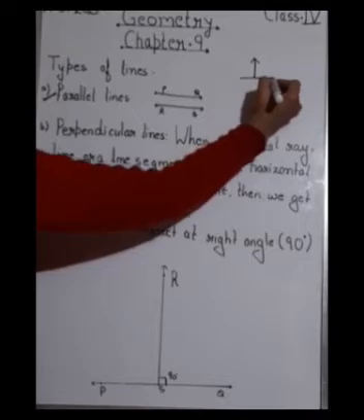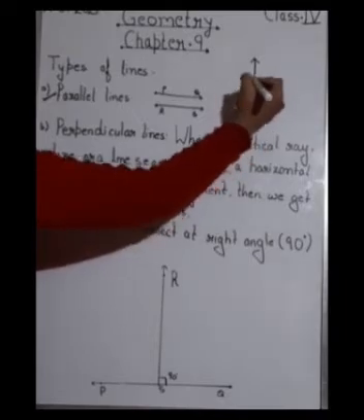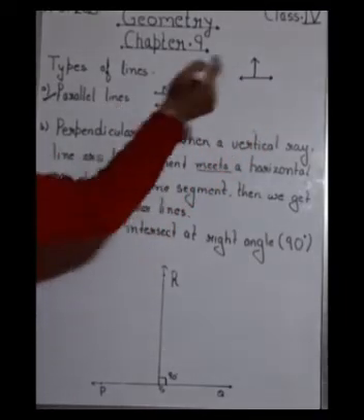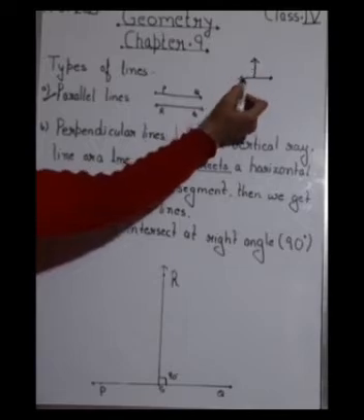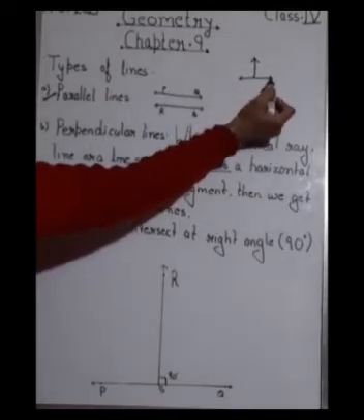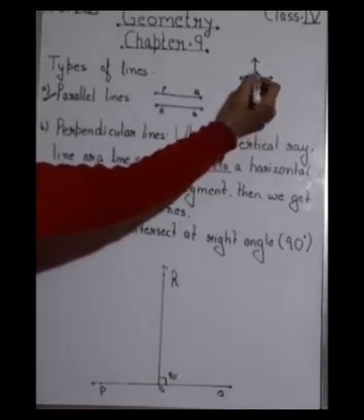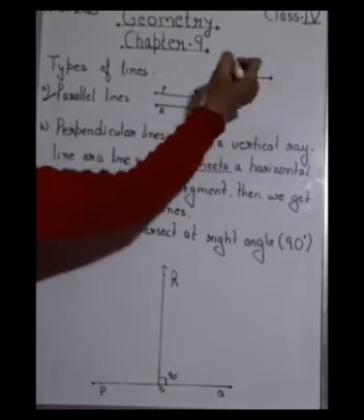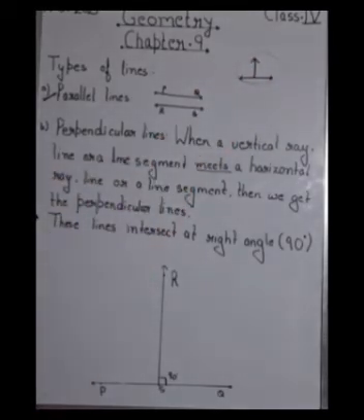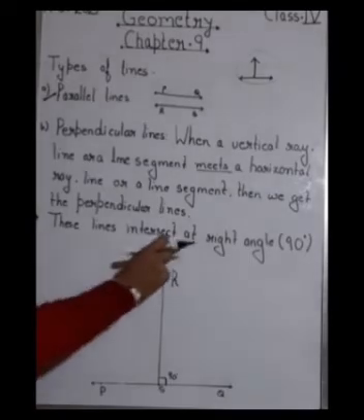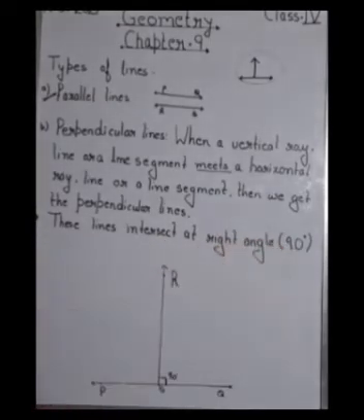Suppose I have drawn a horizontal ray over here. You can see this vertical ray is meeting this horizontal line. Then these lines are said to be perpendicular lines. Clear?